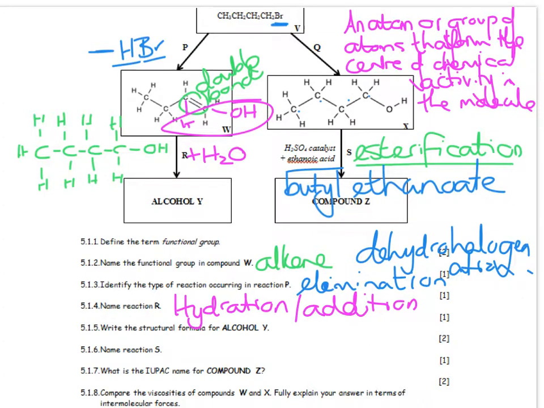Well, W is going to be an alkene. So this is W, it is an alkene, and that means that it is pretty non-polar in nature with weak intermolecular forces. Therefore, a low melting point and boiling point. Versus compound X, which is an alcohol.